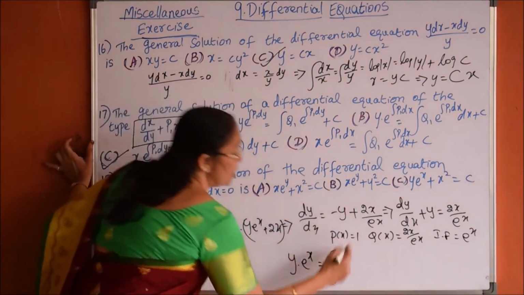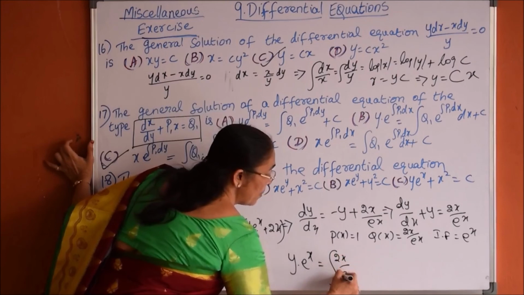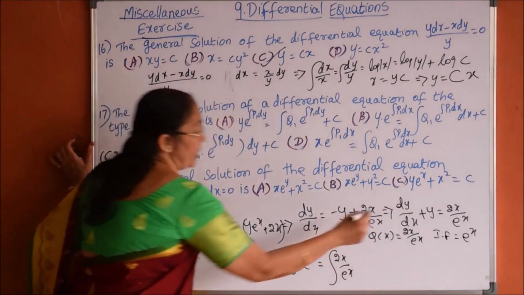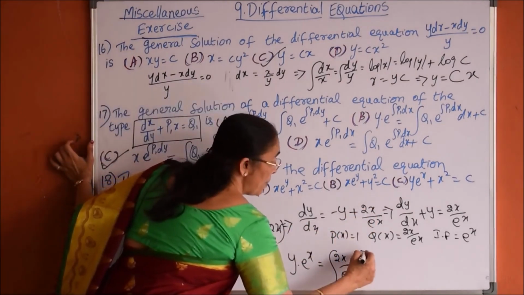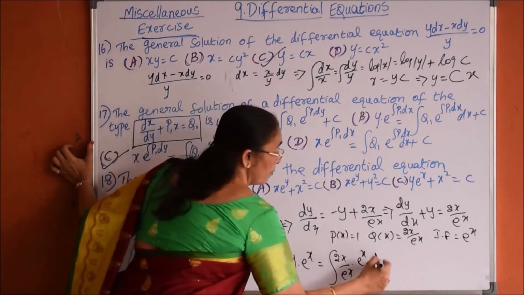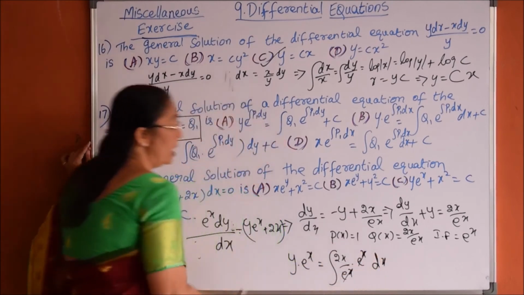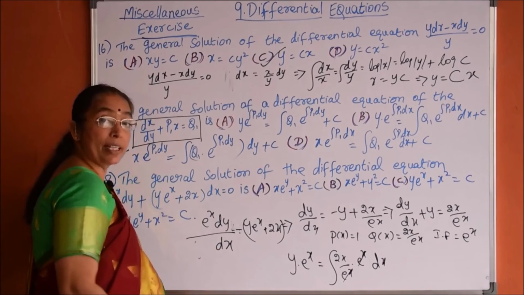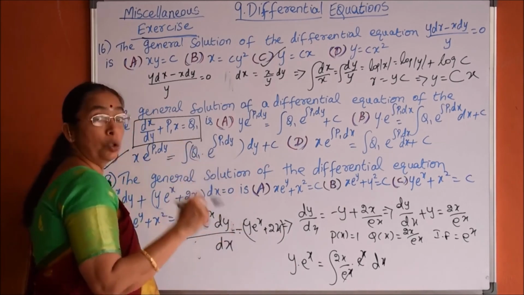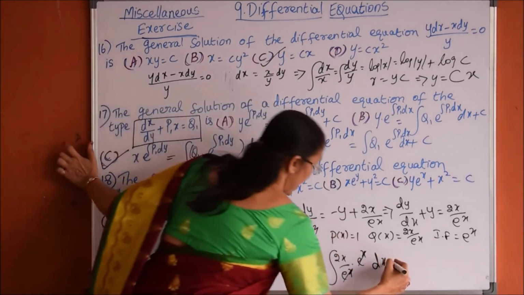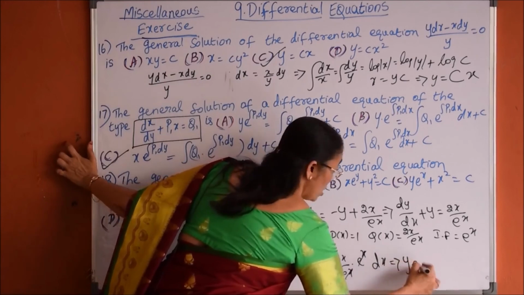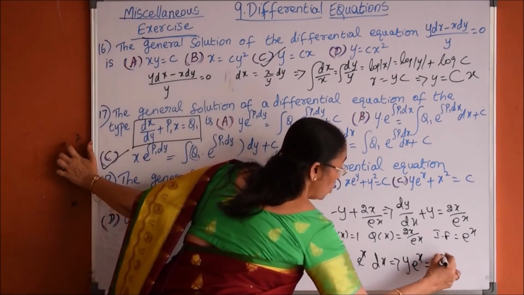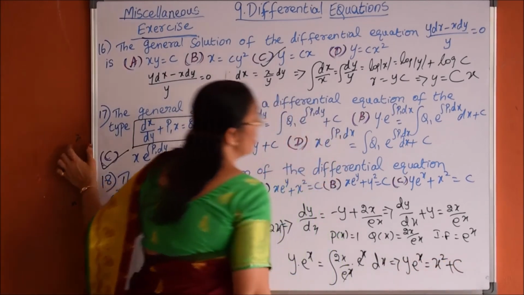Here q of x is 2x divided by e power x, and integrating factor is e power x, so e power x gets cancelled. 2 into integration of x dx, x square by 2, 2 gets cancelled, only x square. So y e power x is equal to x square plus c.